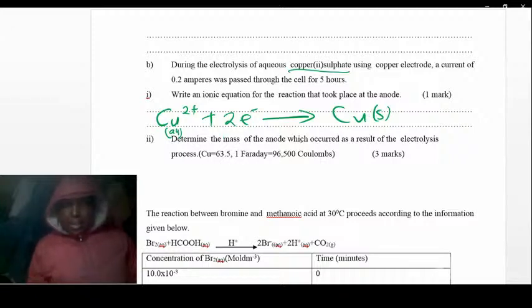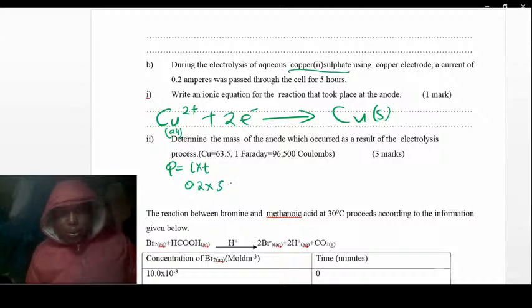Determine the mass at the cathode. But before we get there, the quantity of electricity will be equal to I times time. I represents the current, so the current is 2 amperes times the time, which is 5, and we multiply by 60 to make it seconds.